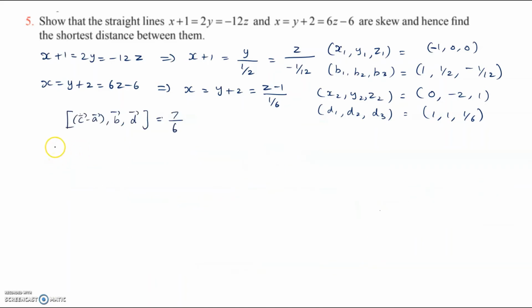Now for the second part of the question, which is to find the shortest distance, we need to find the vector cross product of B with D, and this is defined as the determinant with i cap, j cap, k cap.